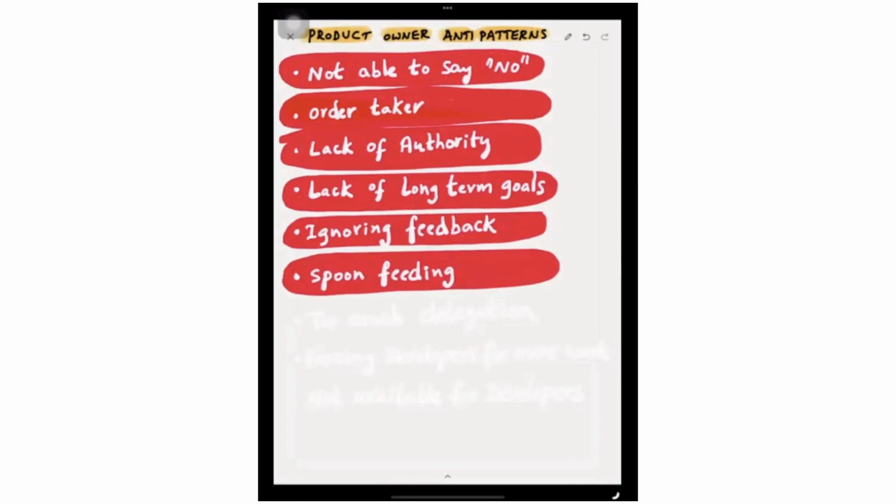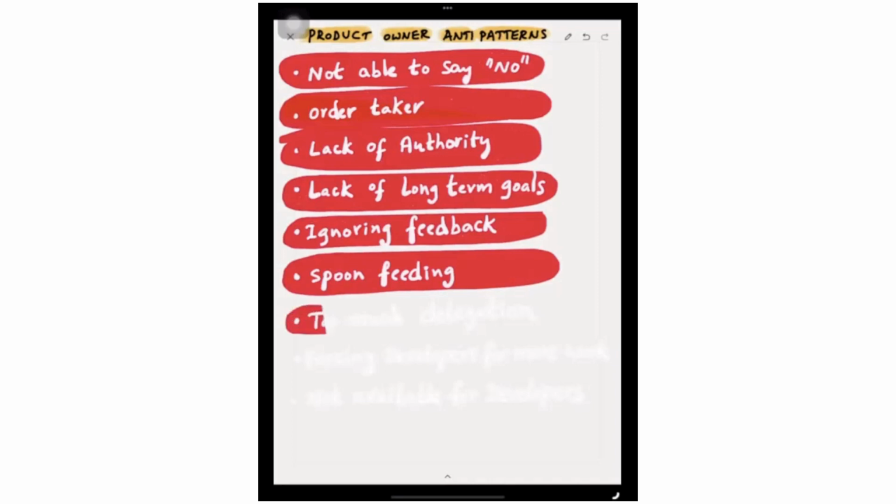Instead of giving instructions, they will tell the intent. The more you spoon feed the teams and developers, the more you are not utilizing their mind share, their intelligence, and their collaborative effort. Instead, they will tell the intent, why you are doing what you are doing.